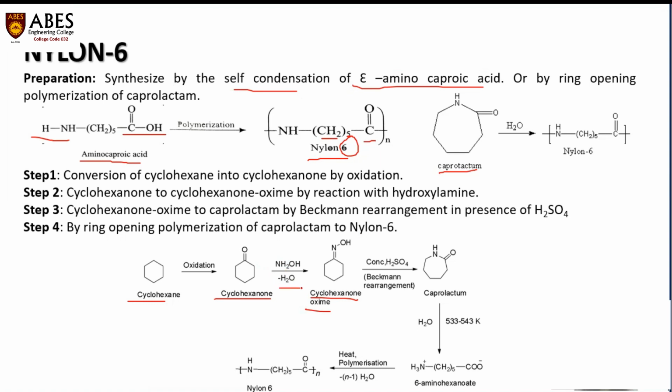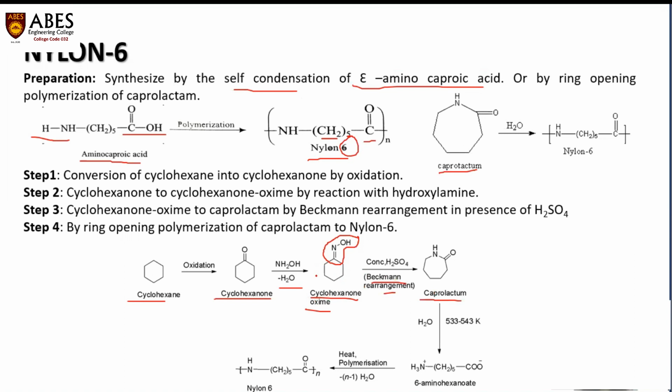Here elimination of a water molecule takes place and cyclohexanone oxime is formed. Then this cyclohexanone oxime in the next step is converted into caprolactam by a carbon to nitrogen rearrangement known as the Beckmann rearrangement, and here expansion of the ring takes place.